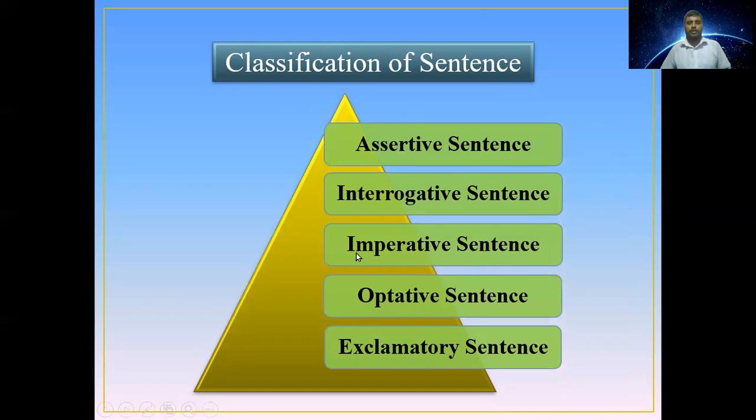Then imperative sentence, and then optative sentence. And the last classification is exclamatory sentence. So my dear student, there are five kinds of sentence: assertive, interrogative, imperative, optative, and exclamatory.